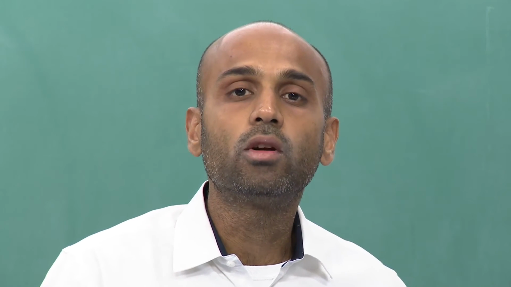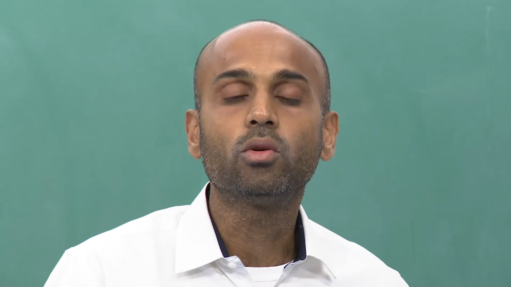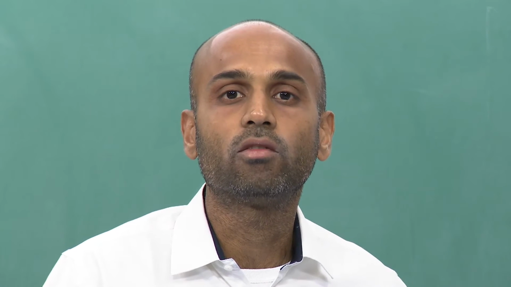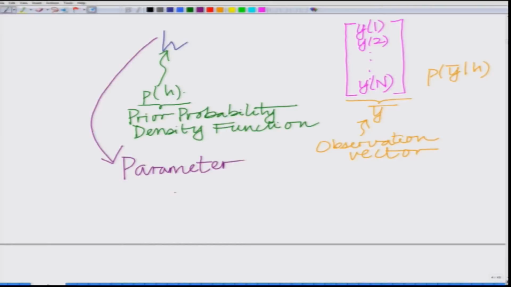And now, let us denote this estimate of h by h hat, all right. So, h hat, which is the estimate of h, is naturally going to be a function of the observation vector. This is the standard notation used to denote the estimate.